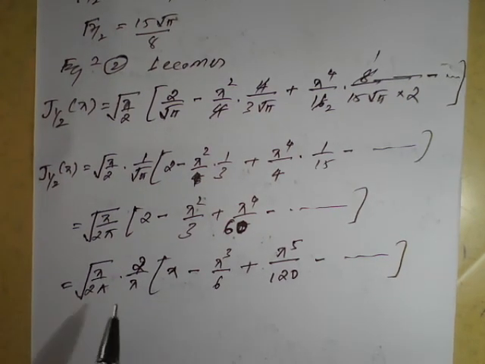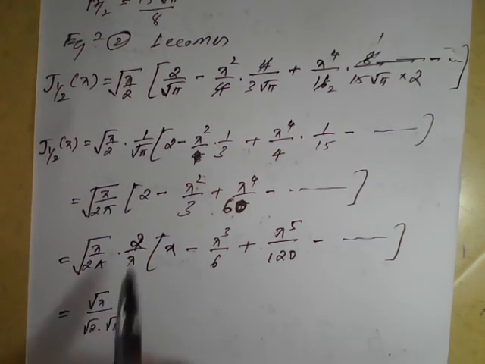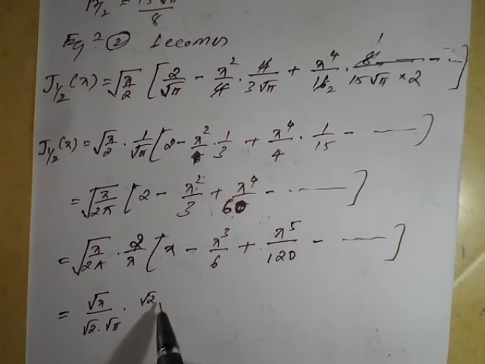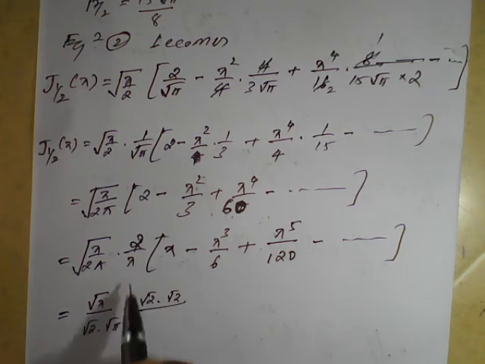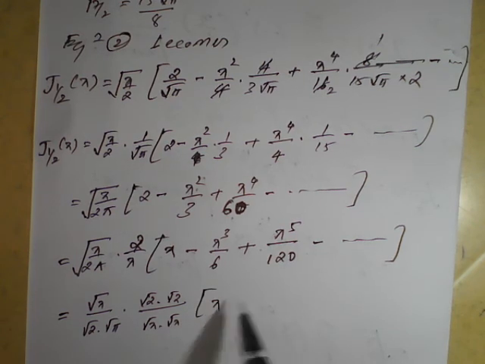So here you can say that x can be written as root x into root x. So root x divided by root 2 into root pi, just for the simplification. This 2 I will write as root 2 into root 2, and this x I will write as root x into root x, and this bracket will be as it is.